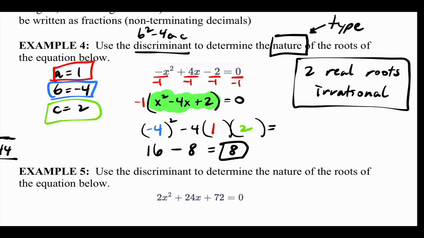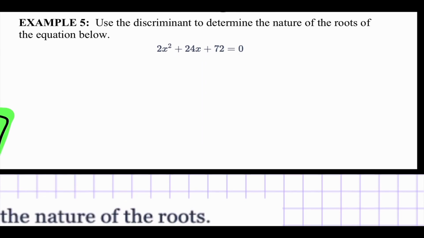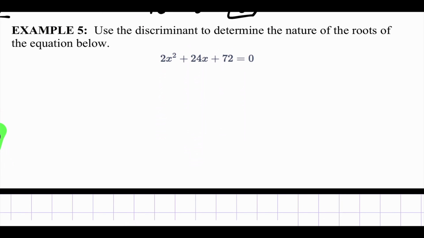Let's do example number 5. Example number 5. Same thing. Use the discriminant to find the nature of the roots, the type of answers. Okay. All right. Well, this one's got a GCF. I can divide all of them by 2.